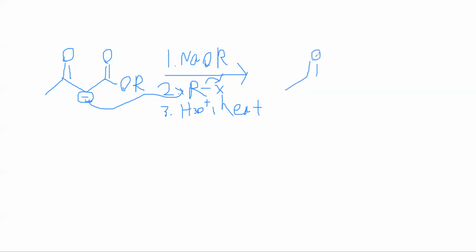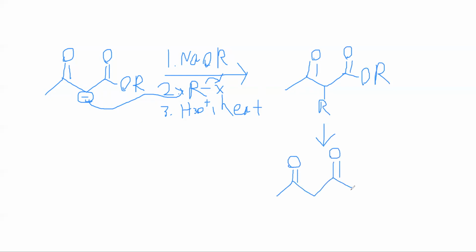So an intermediate after the first two steps would be this, where you've put an R group here. Now H3O+ is going to turn the ester into a carboxylic acid because you're adding water with an acid catalyst. It's not really going to do anything important to the ketone.